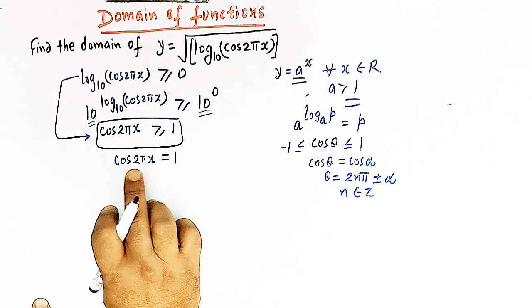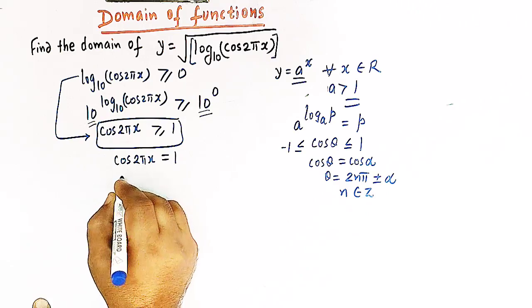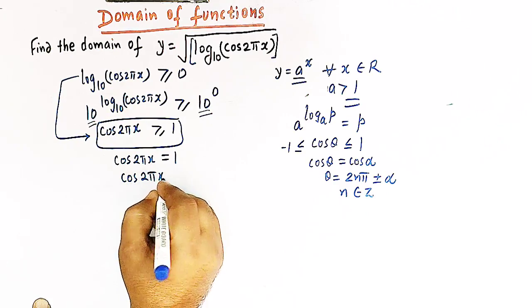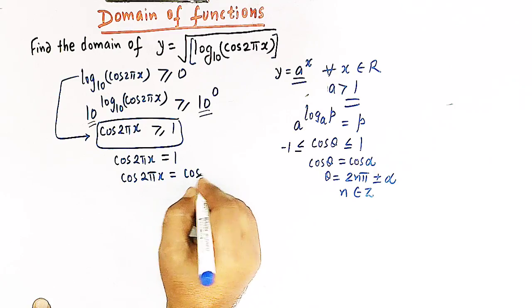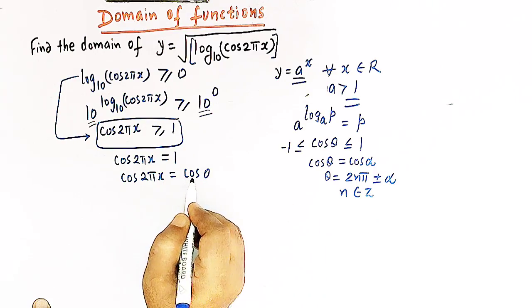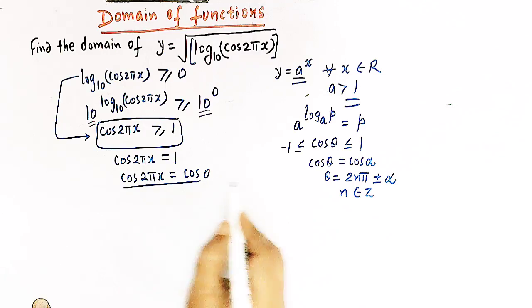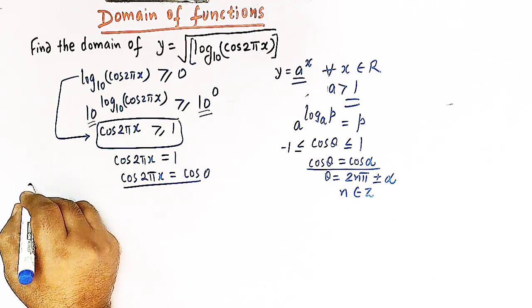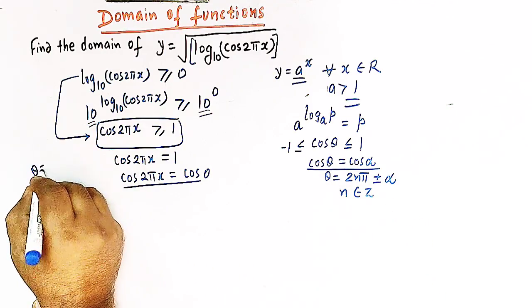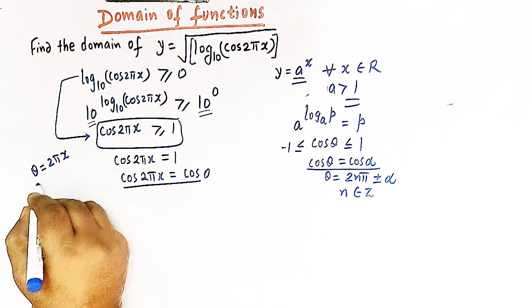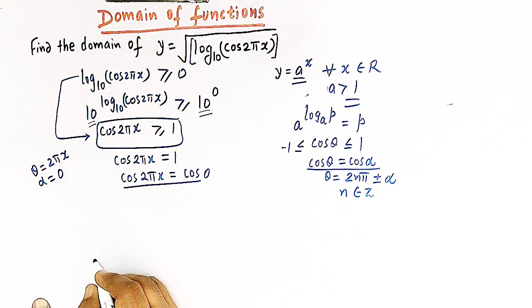So here we have cosine 2 pi x is equal to 1. So we can also write it like this: cosine 2 pi x is equal to cosine 0, because cosine 0 is equal to 1. So now if we compare this equation with this one, then the value of theta is 2 pi x, and the value of alpha is equal to 0.